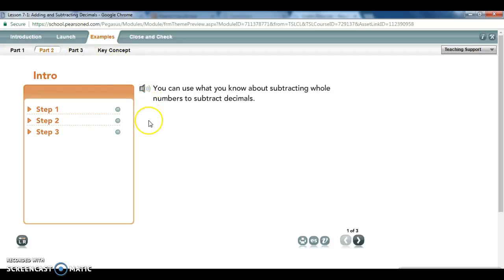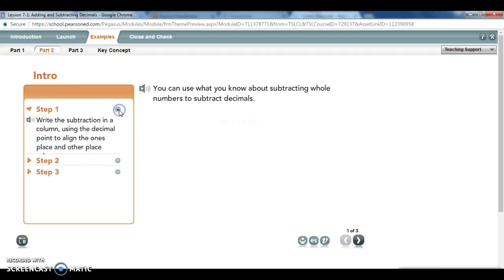You can use what you know about subtracting whole numbers to subtract decimals. So remembering, step 1 is to line up the decimal points.